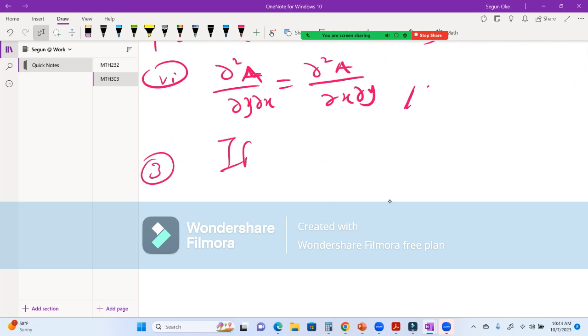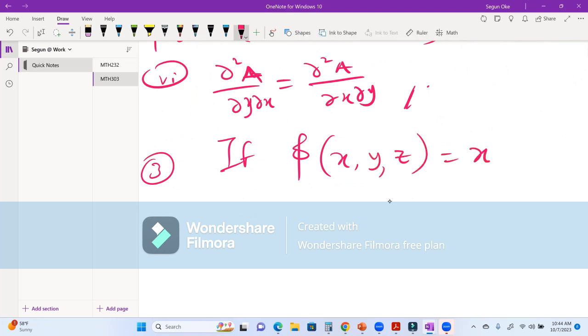Okay. If phi of x, y, z equals x, y squared, and z, and A equals xz i minus xy squared j plus yz squared k.